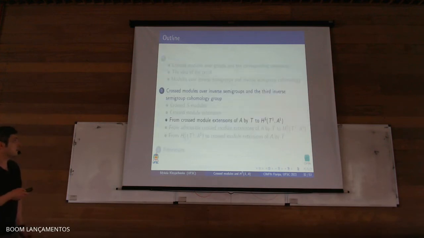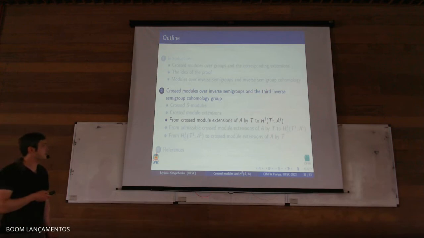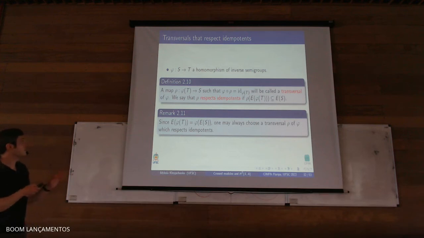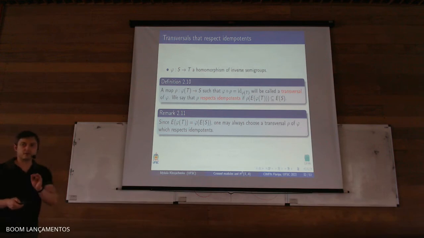Well, now the easy part is the following. If you have an extension, how do you define the cocycle? Well, it almost repeats the group case with some modifications. But before that, you should talk a little bit about transversals, since you will be using them in your definition.